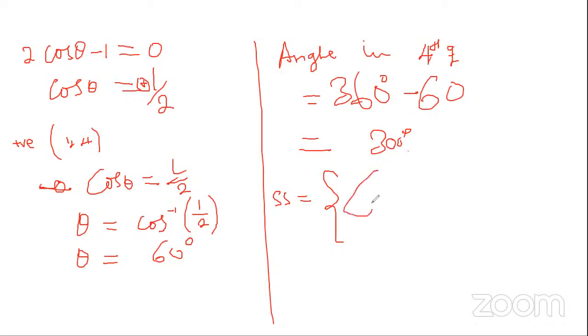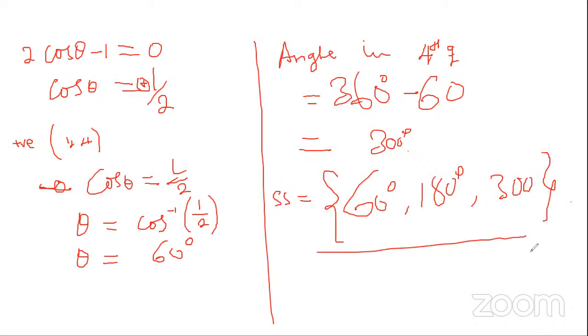So we shall begin with 60 degrees, then we go to 180, and then we conclude with 300. So this would be the solution to the number. Is that okay?